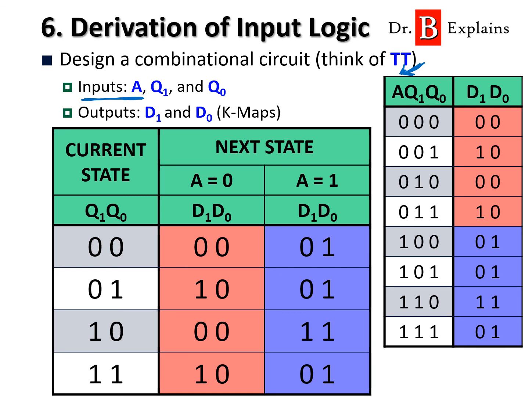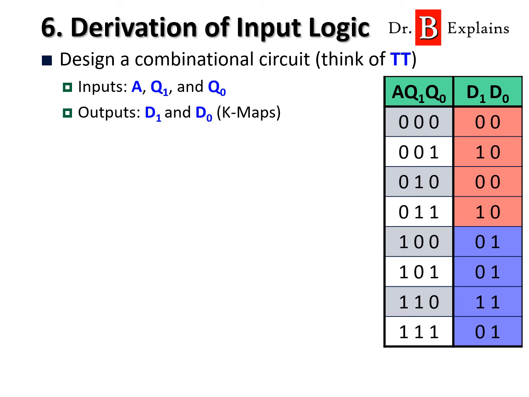It will make it easier to translate from the flip-flop input table to a regular truth table. Now that you have your truth table, you can use K-maps, multiplexers, or encoders to find the combinational logic function.